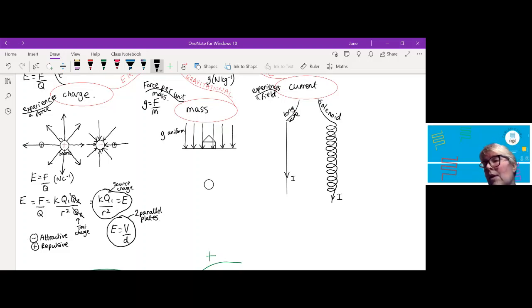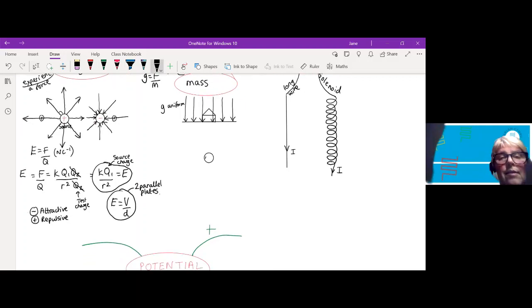Whereas if we look at it on a much bigger scale, with the Earth and we put our test mass nearby, what happens to it? It wants to be attracted towards the Earth.